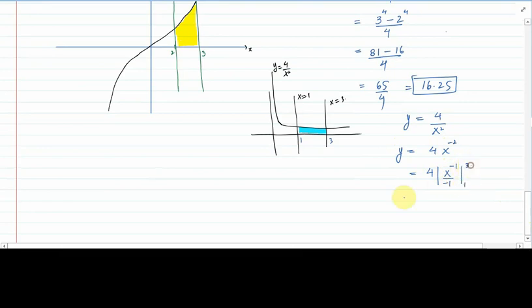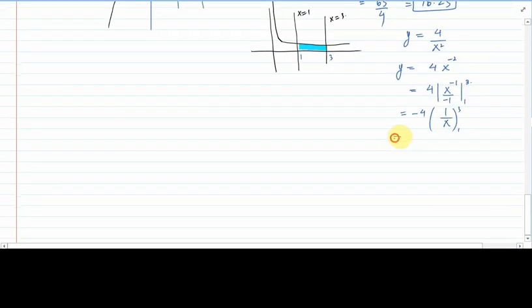So now it's minus 4 times 1 over x, with limits 1 to 3. First apply the upper limit, it's 1 upon 3 minus 1 upon 1. Taking LCM inside, it will be 3, and it's 1 minus 3. So now it's minus 4 over 3, and 1 minus 3 is minus 2, which leads to 8 divided by 3. Alright, and that is your answer.